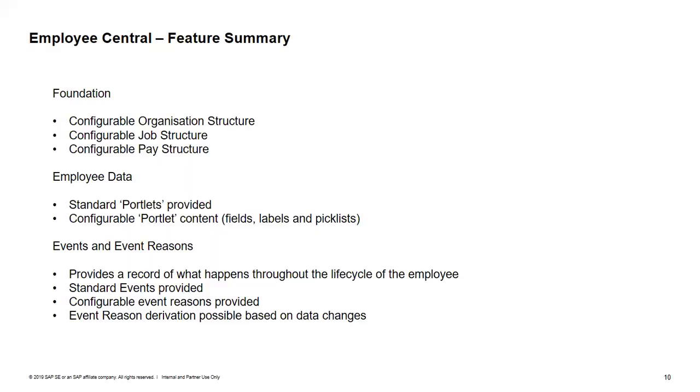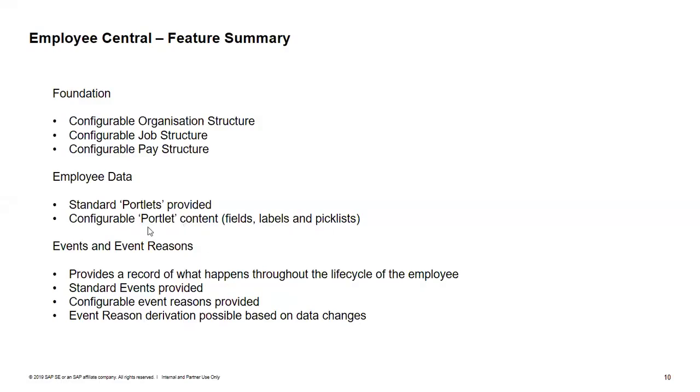And if you feel you need more fields, you can configure custom fields. You can also configure custom portlets or blocks. The difference between a field and a block is that multiple fields form one block. Personal information is a block which contains fields: first name, last name, gender, salutation, marital status, and so on. So all of these are fields, and all of these fields are grouped together to form a portlet or a block.